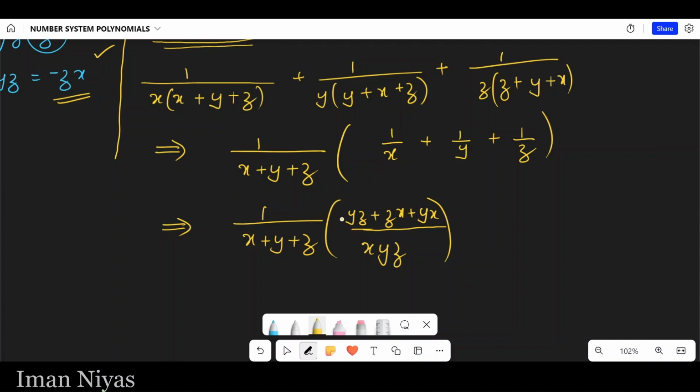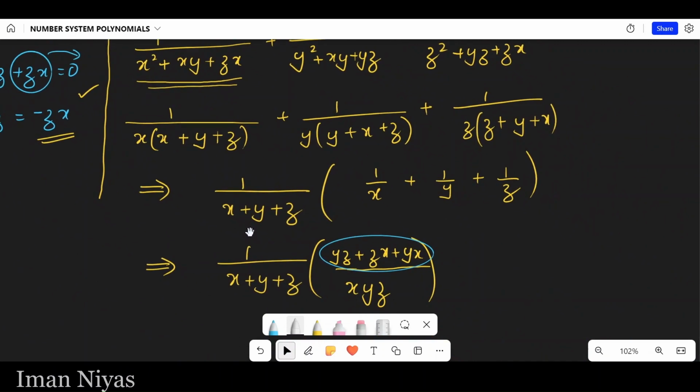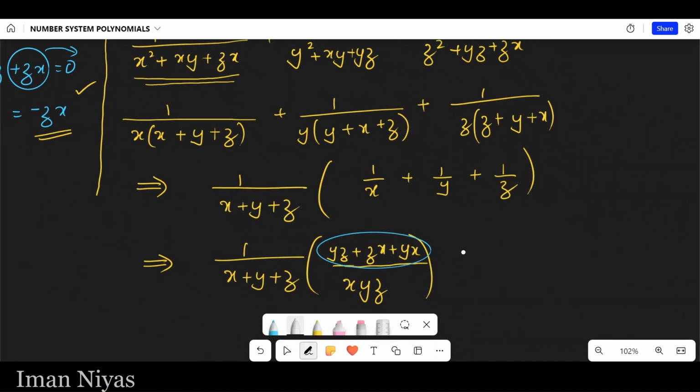Once you attain this, you have to check the numerator here. What is this value given in the question? The numerator of this, what is given in the question? This much is equal to 0 is given in the question, right? If xy plus yz plus zx is equal to 0, this is what the question says. So we can put that value as 0. Once you put the value as 0, what will be the answer?